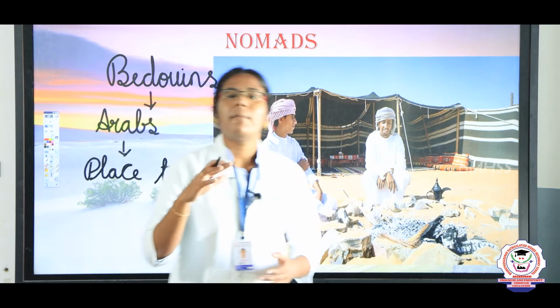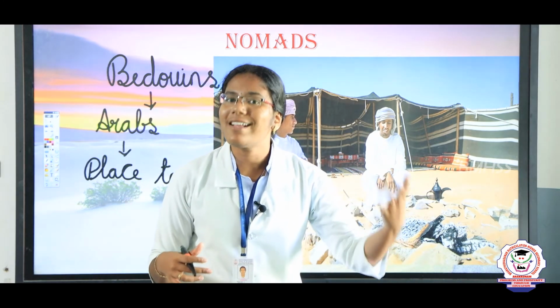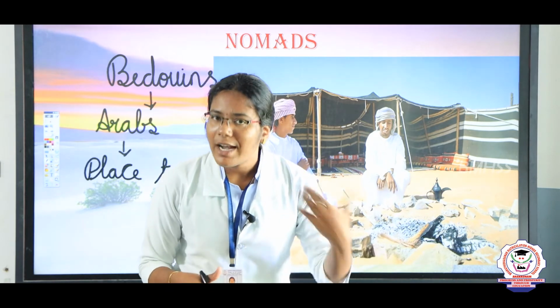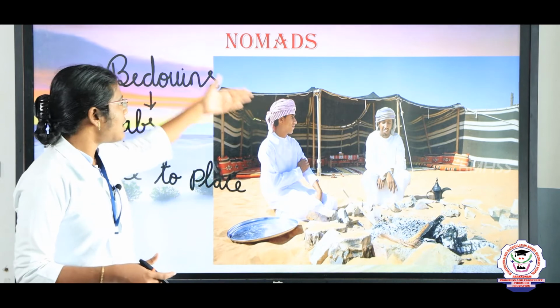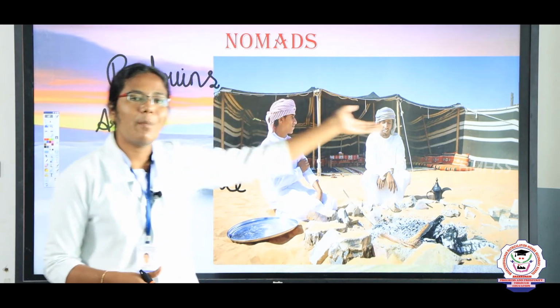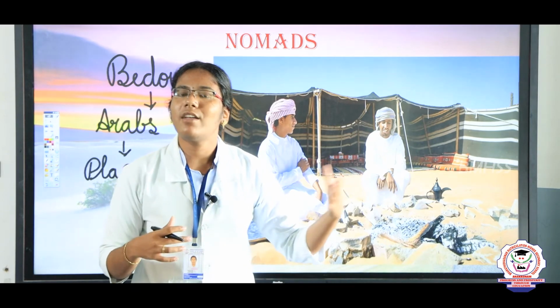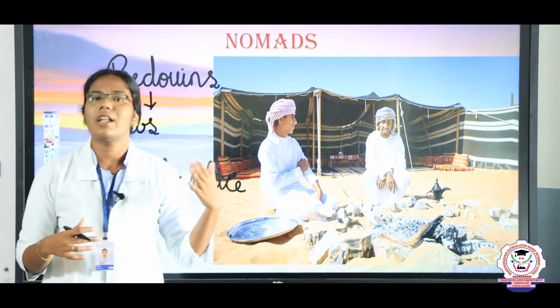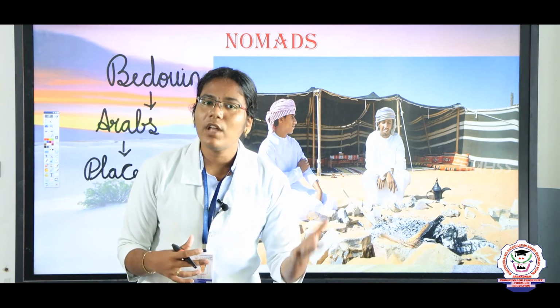They move from place to place in search of food, water or shelter, or to pasture animals like camels, goats, sheep, etc. Now the living condition of the Bedouins has also increased because of the discovery of petroleum.